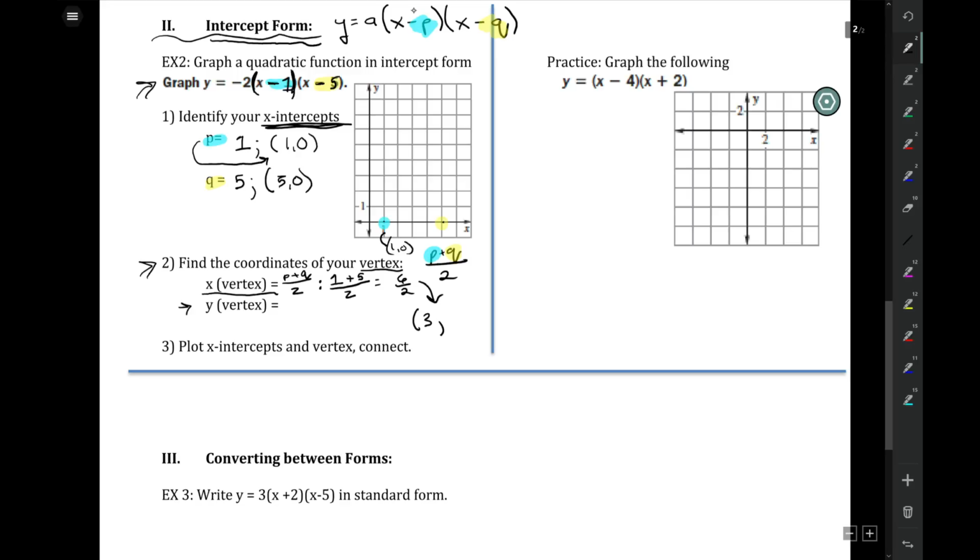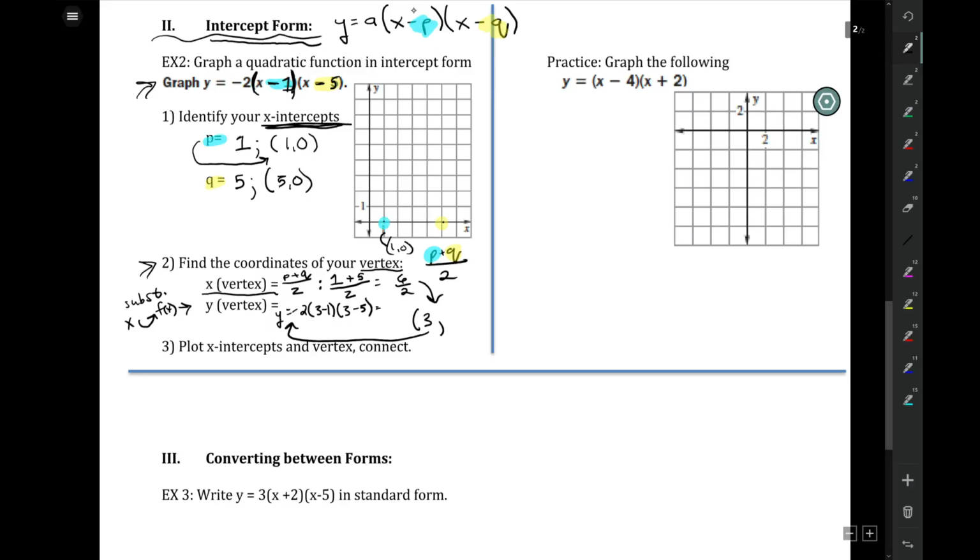Now, to find the y-coordinate is just like standard form. We need to then substitute x into the function. So once you have 3, I'm going to substitute it into y equals -2 times (3 minus 1)(3 minus 5).